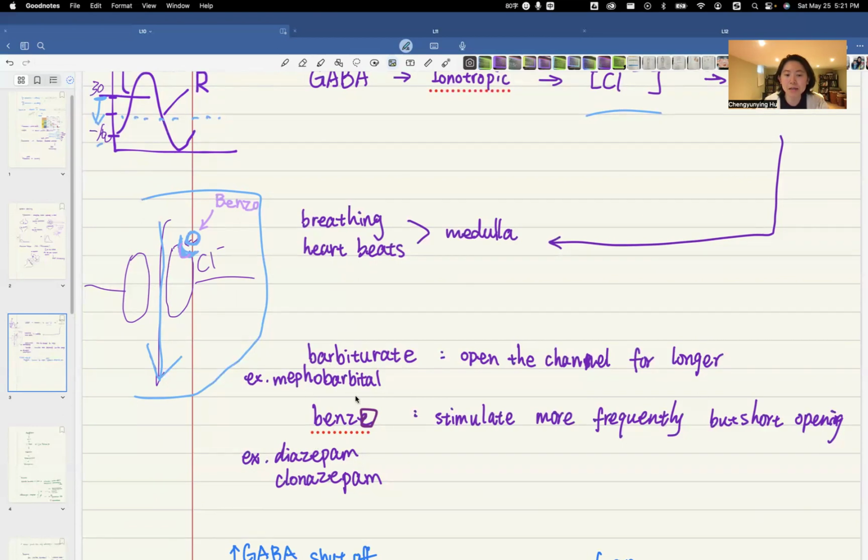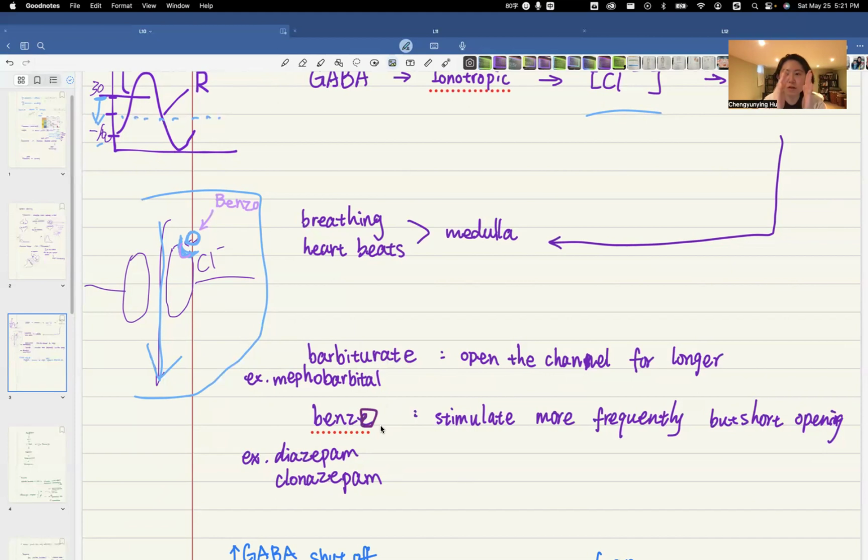The difference between these medications is that barbiturate opens the channel for longer. It just keeps the channel open, and chloride keeps rushing in. Benzo makes the channel open up frequently but briefly.